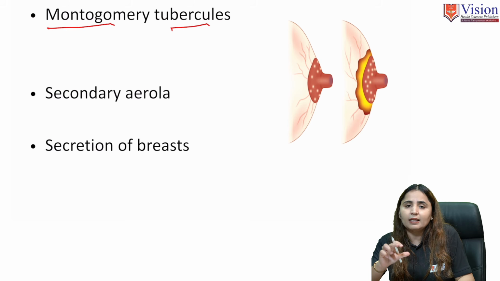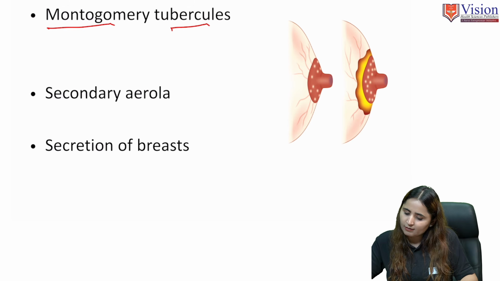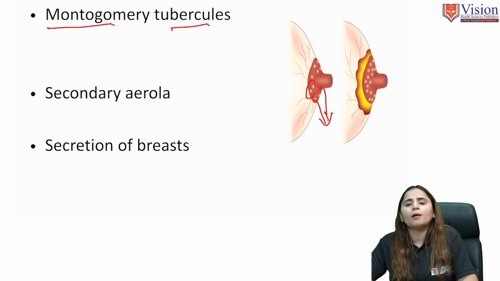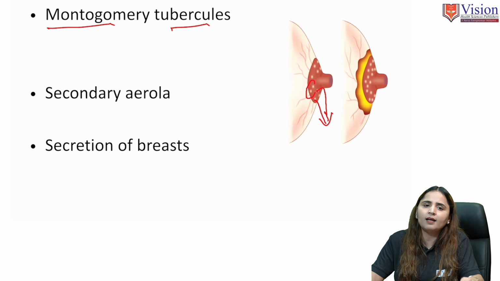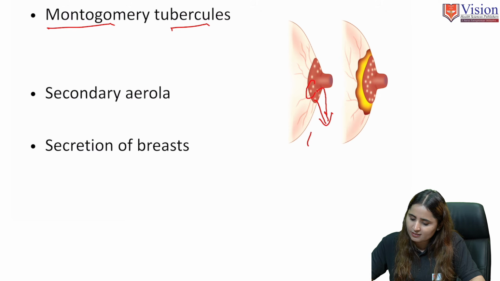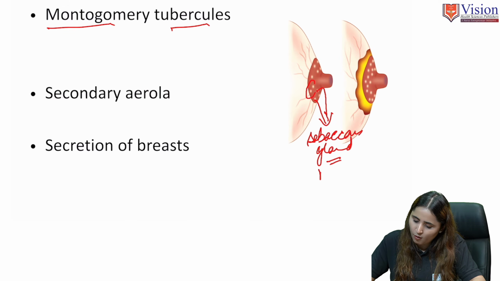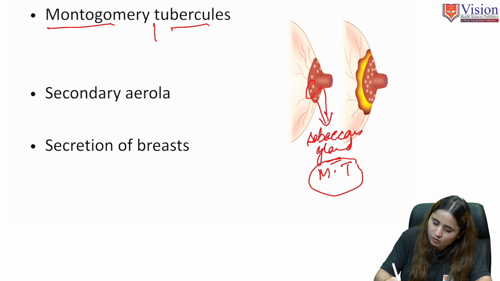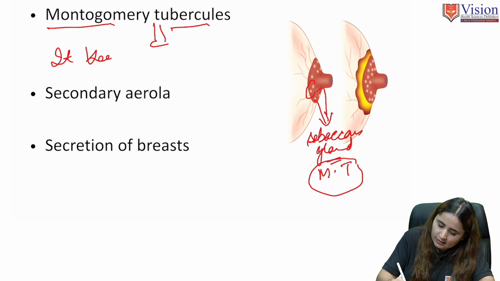We can also see the Montgomery tubercles. Rajiv, what is this Montgomery tubercle? So this is a sebaceous gland. Montgomery tubercles form basically when there is an increase in the size of the sebaceous glands, and they keep the breast healthy and moist.